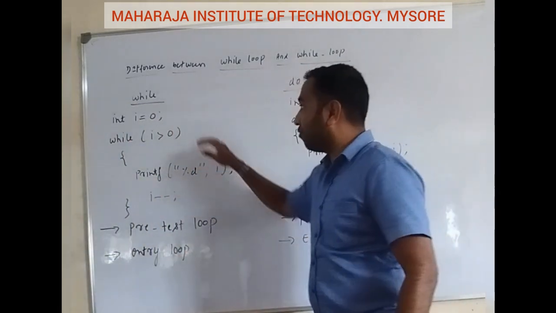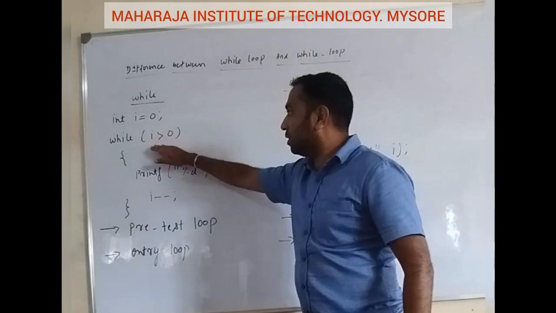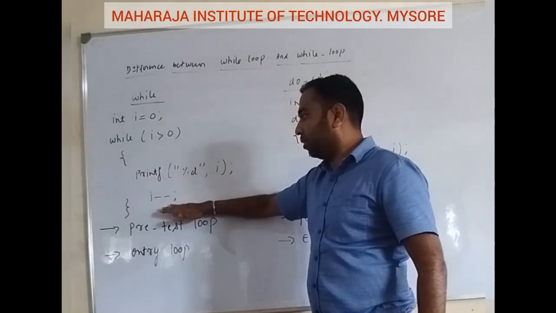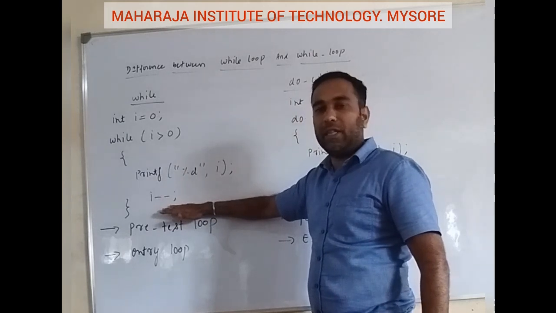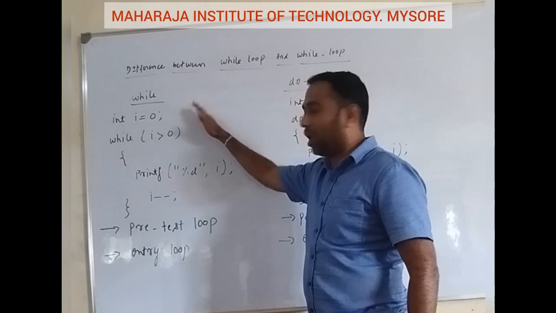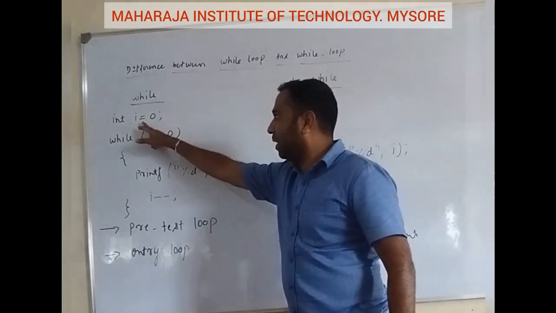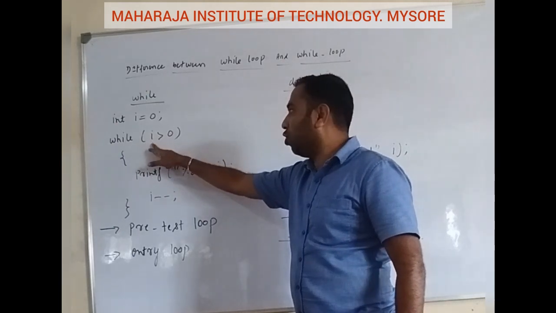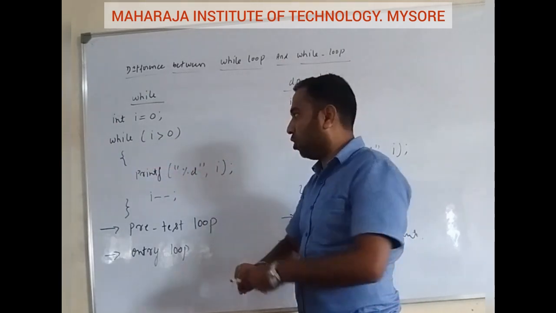Let us consider this while loop. In while loop, first I am initializing the value, then I am checking the condition, then I am printing the statement, then I am incrementing or decrementing the value. This was already explained in the previous class about while loop. Here I am considering I equals 0. So checking the condition, 0 is greater than 0, it is false.